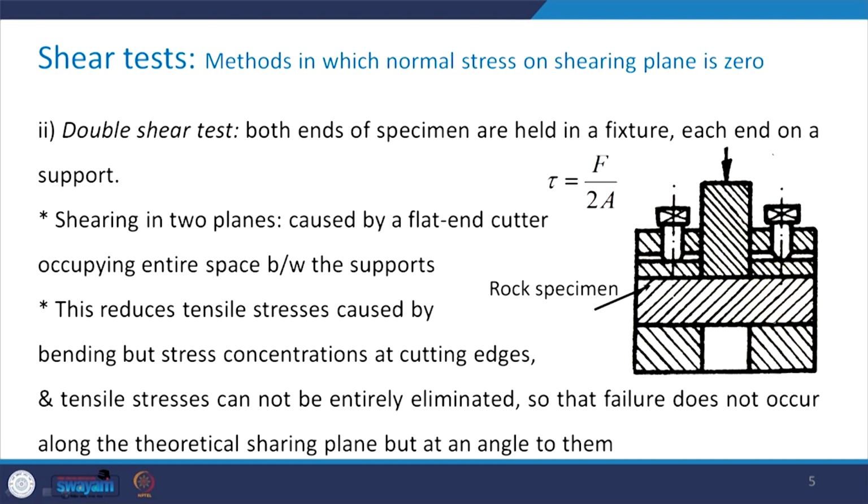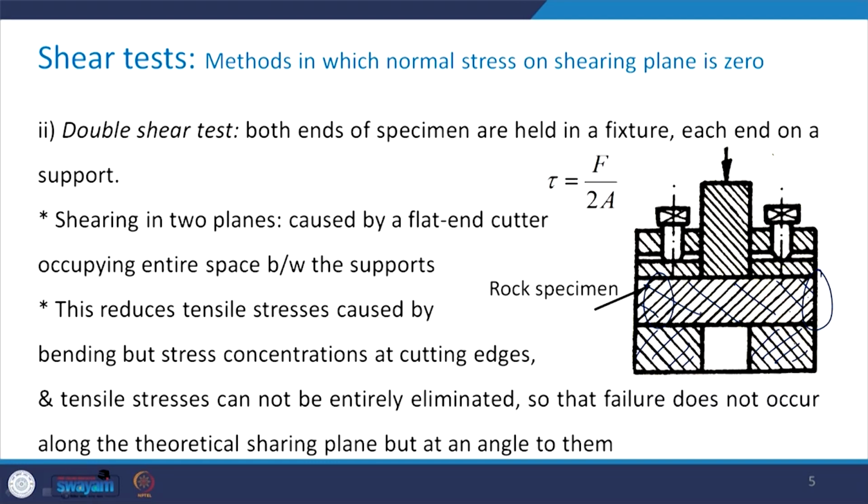So, in this case both the ends of the specimen, so this is what is your rock specimen, both the ends they are held here and they both are resting on the support, that is this is the support.